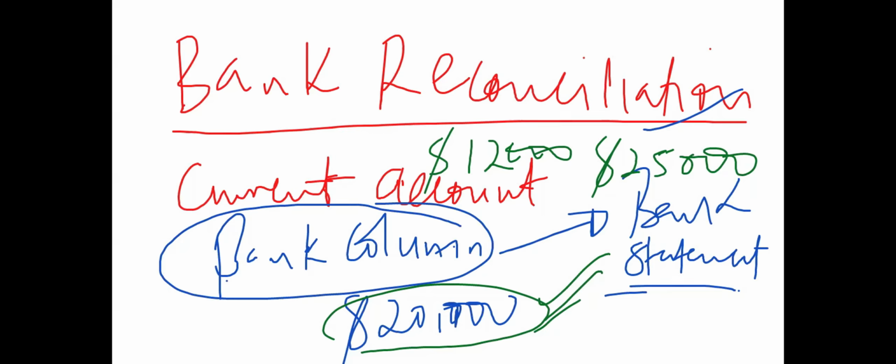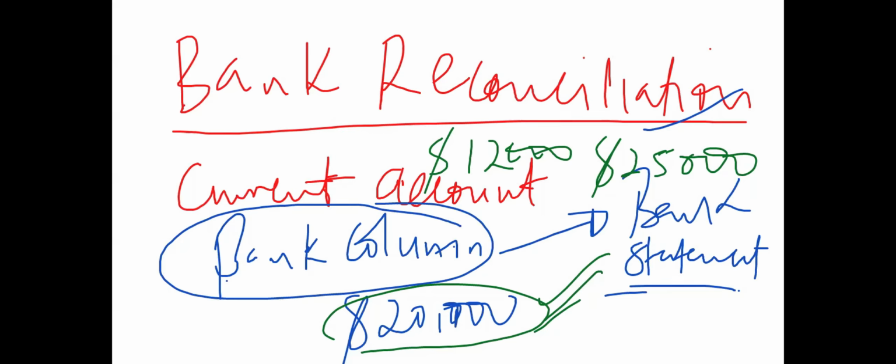So that mismatch is the one that is calling for the bank reconciliation, because bank reconciliation looks at reconciling the balances of the cash book, as per the bank column of the cash book, with the balance that comes out in the bank statement for a given period of time.